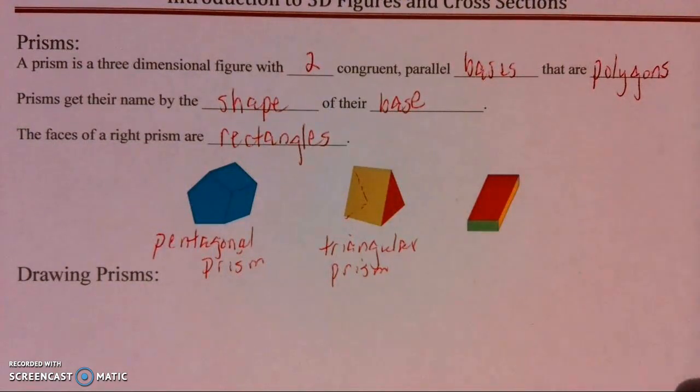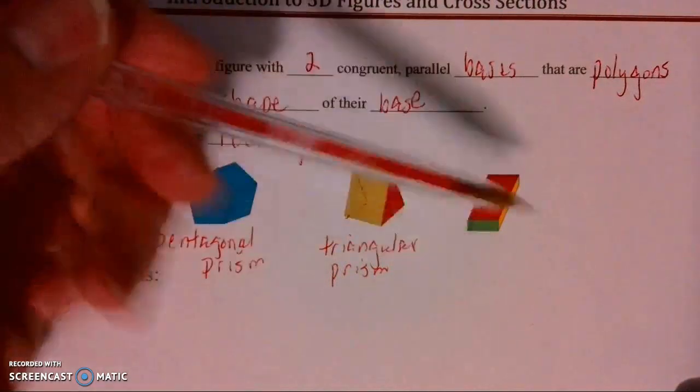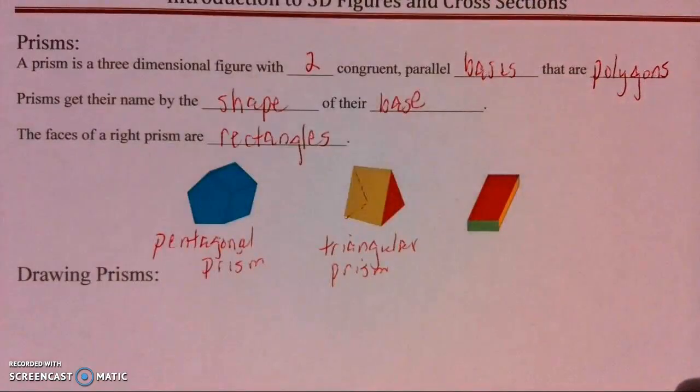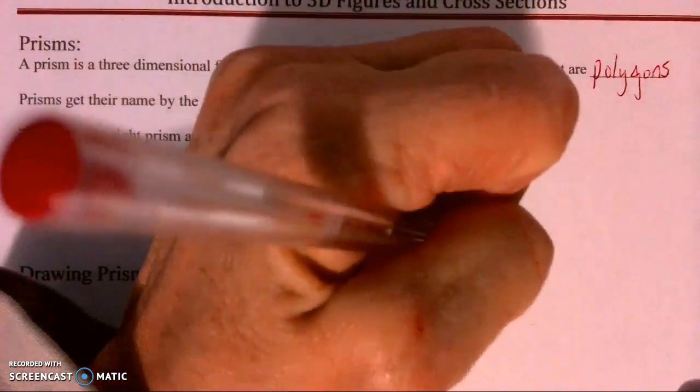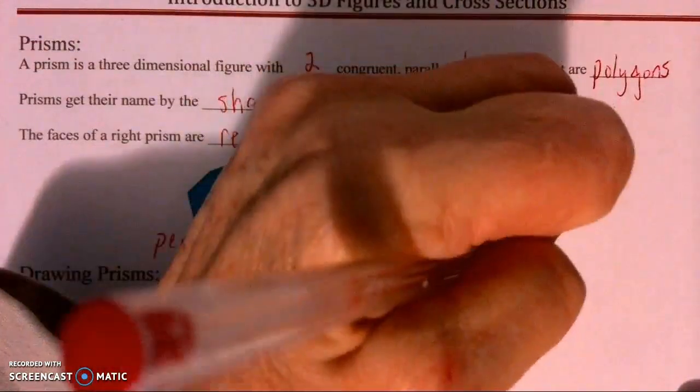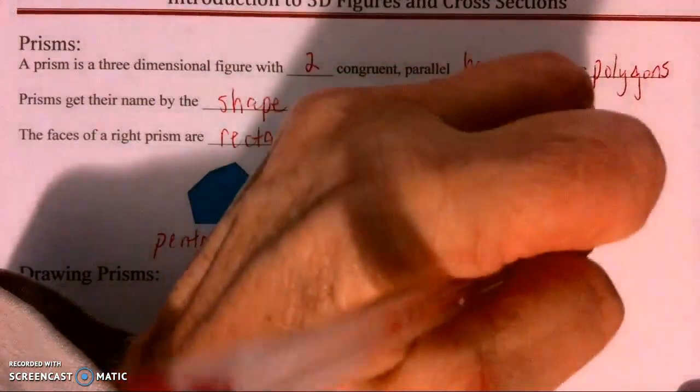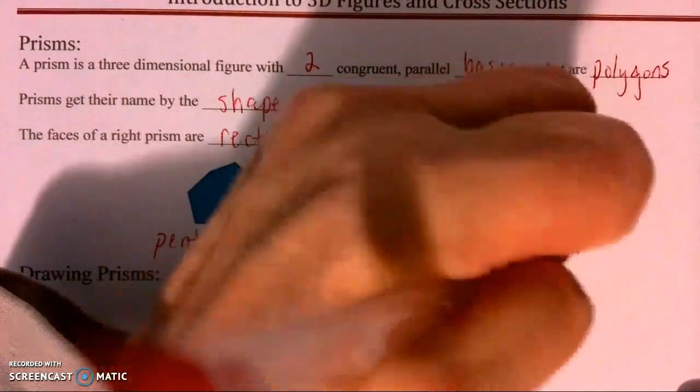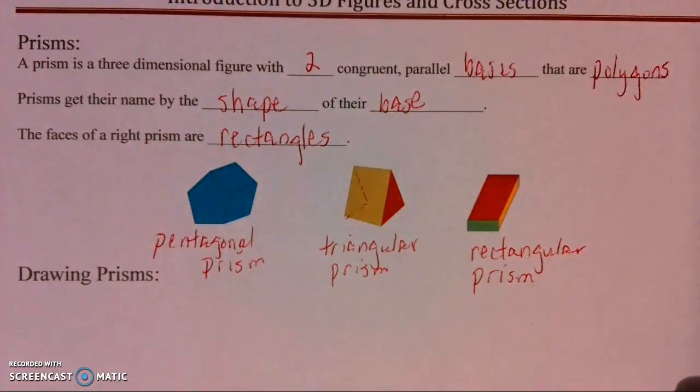Well, that's a rectangular prism. I can choose any of the parallel sides and call them the bases, but with 6 rectangles, it's rectangular. So a rectangular prism. So again, the two characteristics, 2 congruent parallel bases, all the other faces are rectangles.